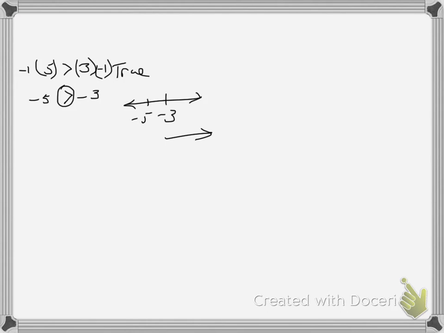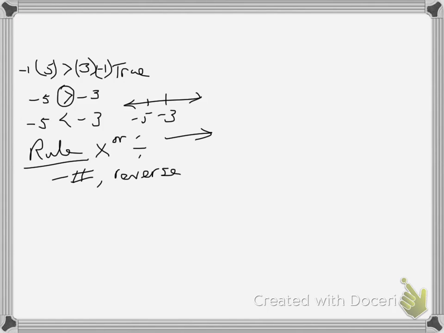In order to make it true, I need to reverse the inequality. So the rule is, when you multiply or divide by a negative number with an inequality, you must reverse the inequality. And that's the reason why.